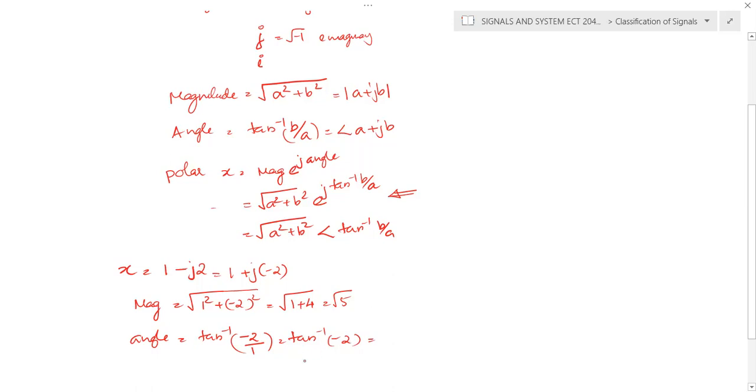So now finally you can write x is equal to root 5 e raised to j tan inverse minus 2.